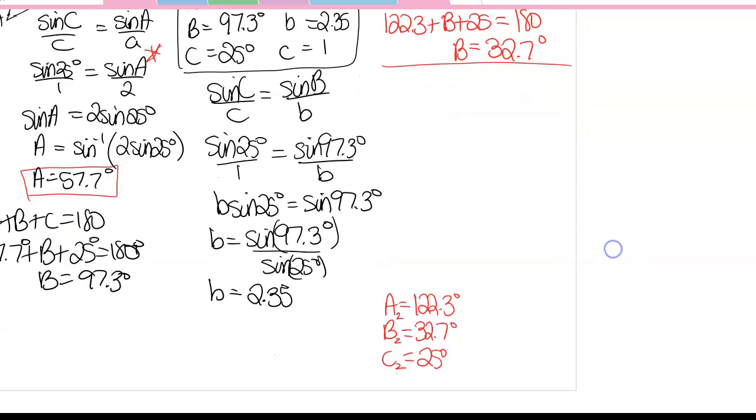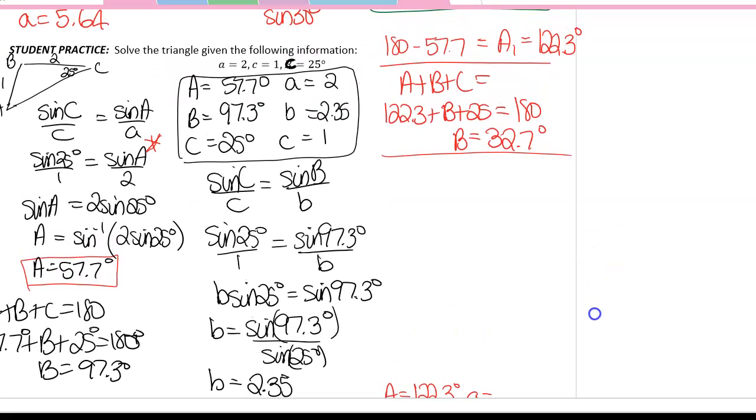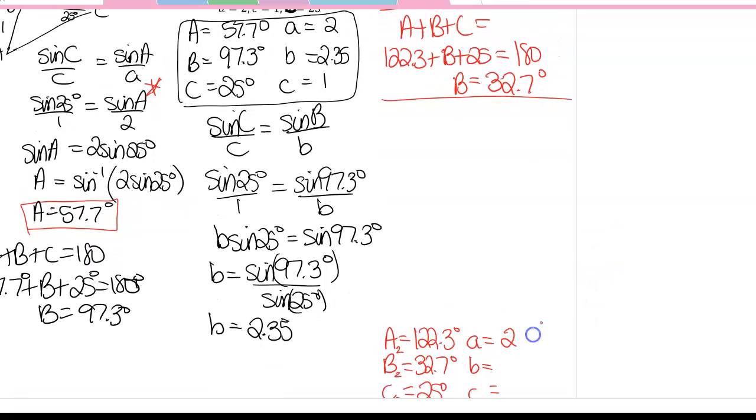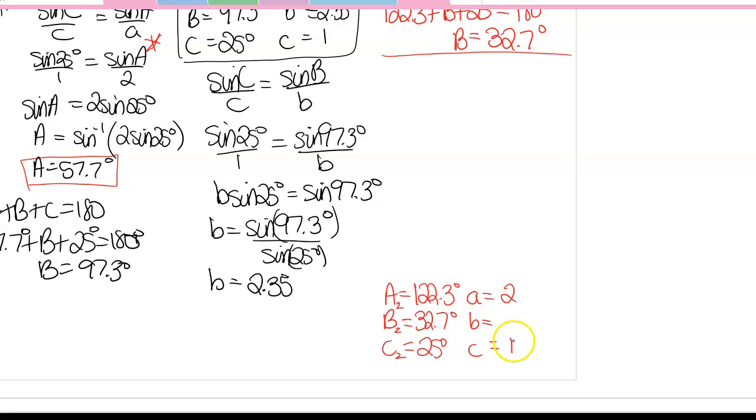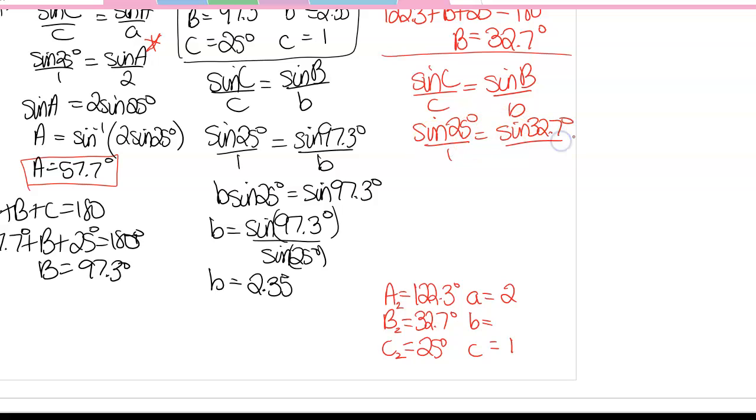So I need to find A, B, and C. Let's see what I have. I have A, which is 2, and C, which is 1. So at this point I just have to find B. So again, use what they give you, sine C over C. I'm trying to find B, so sine B over B. Sine of 25 over 1 equals sine of 32.7 over my unknown.